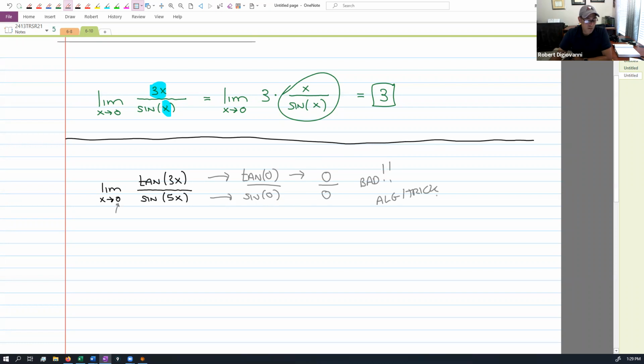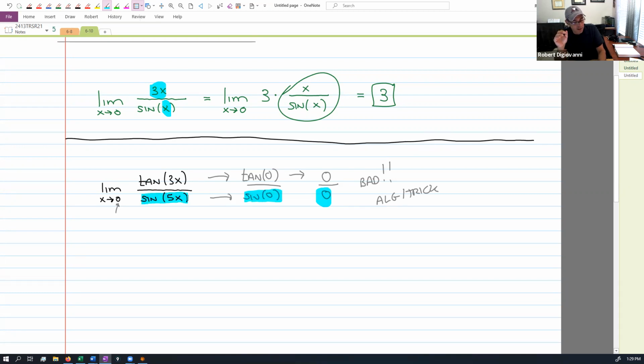So now the way that I look at this is I always say to myself, what is causing the problem? What is making this limit not be some answer? That would be the fact that I have division by 0, right? That automatically kills everything. The part that's causing the division by 0 is the sine.